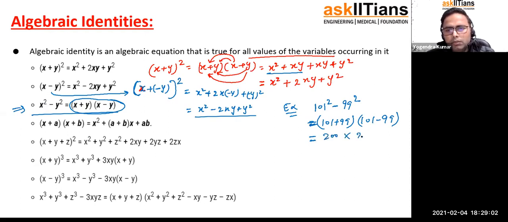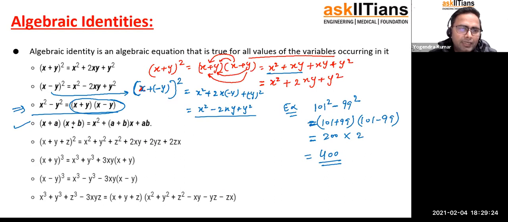And this is what here? 2. Perfect. The answer is very easy, 400. Wow. It looks nice, right? Compared to squaring each and subtracting, this is pretty easy work. So this is how it is going to help us.